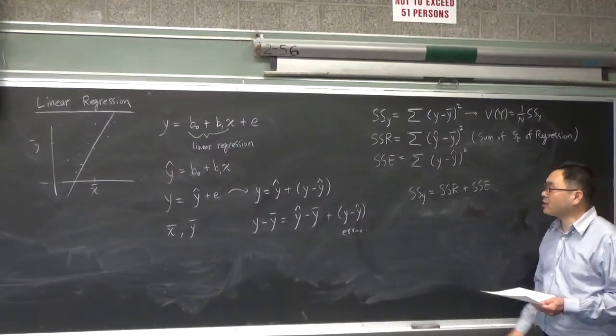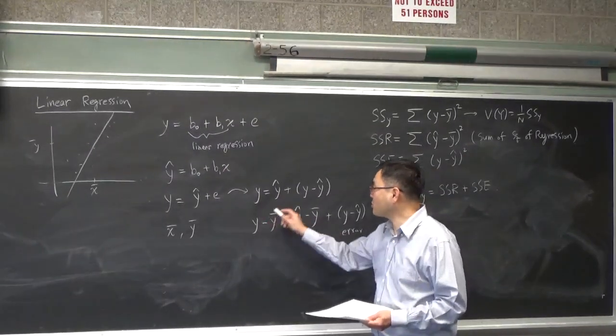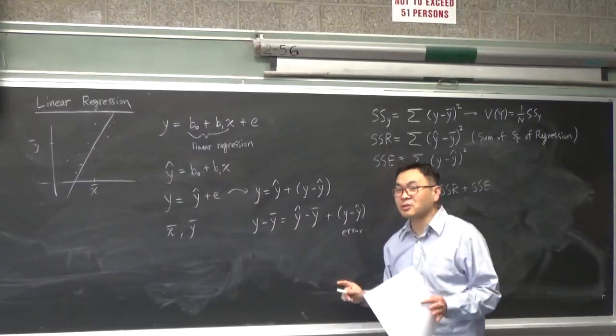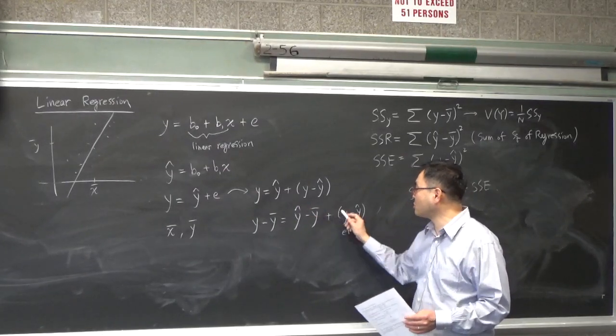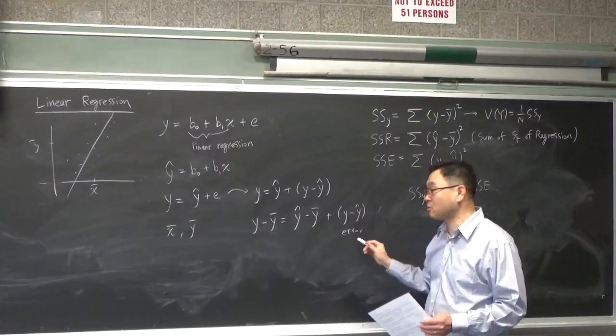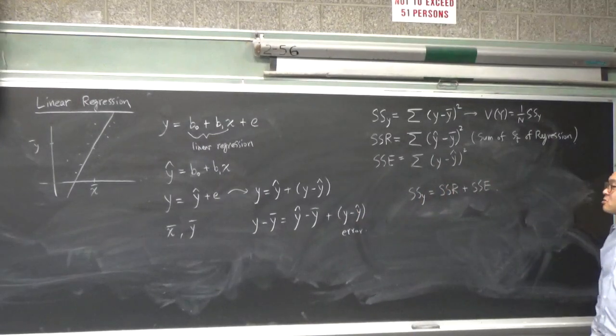So how do you prove that? Well, you just square both sides. And the thing that you have to be careful is that if you square both sides, it's not the square of this plus square of that. There are some cross terms, right? But the cross terms happen to just give you 0.